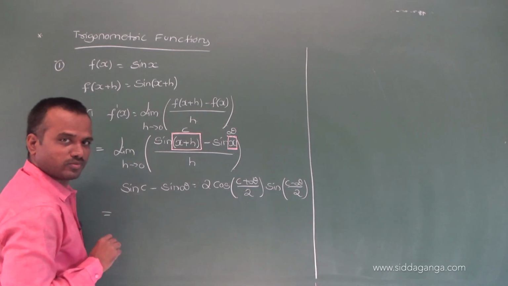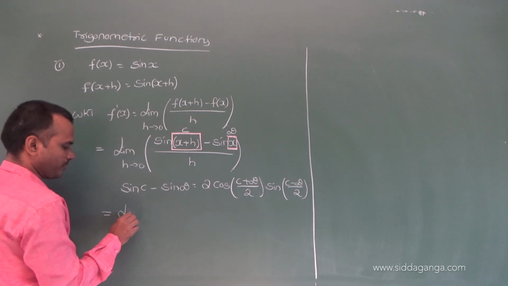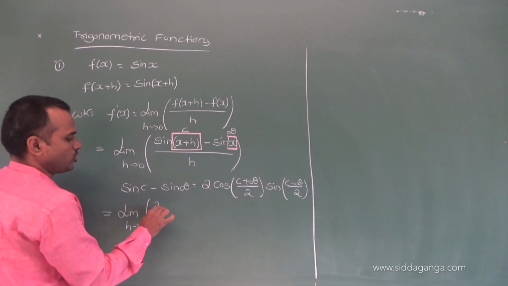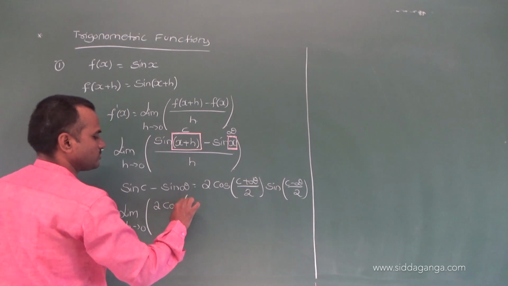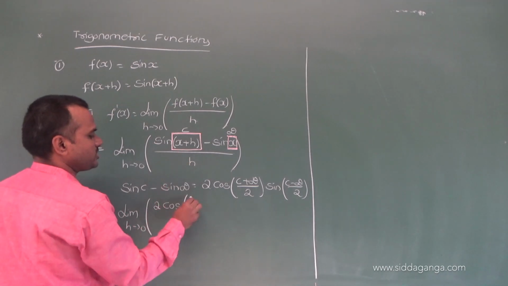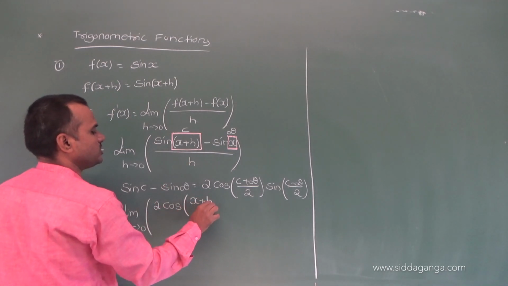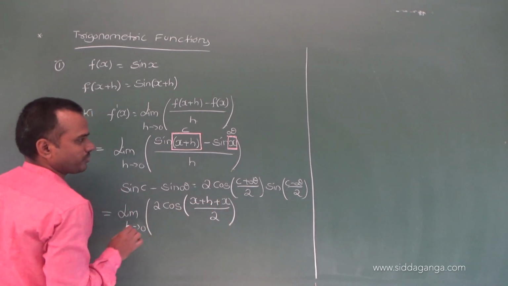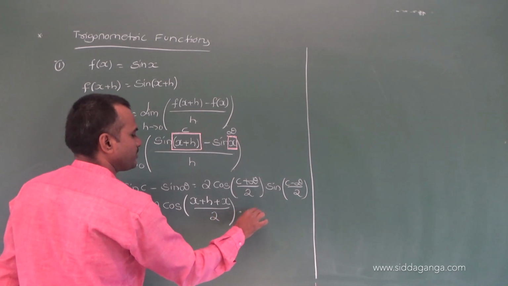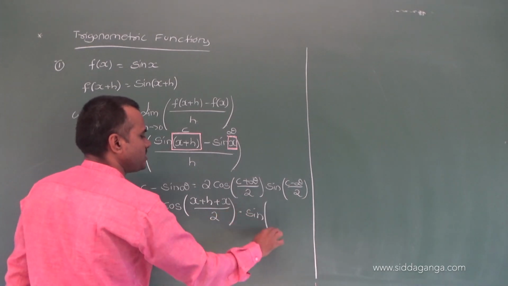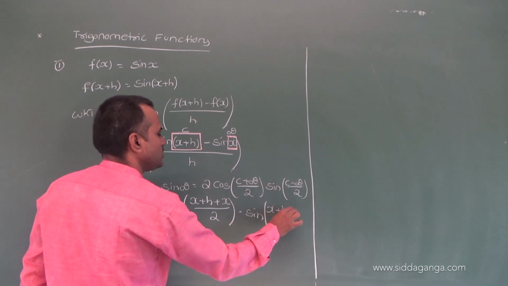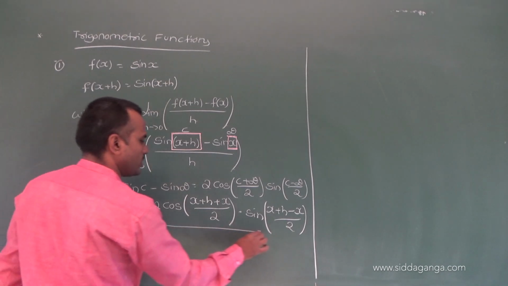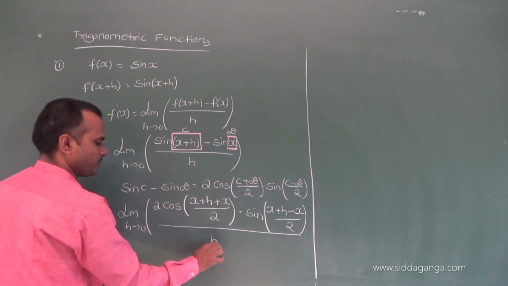That is equal to limit h tends to 0, 2 cos of C plus D by 2, where C is x plus h and D is x, into sin of C minus D by 2, where C is x plus h and D is x, whole divided by h.